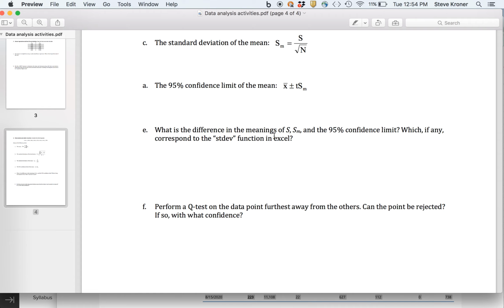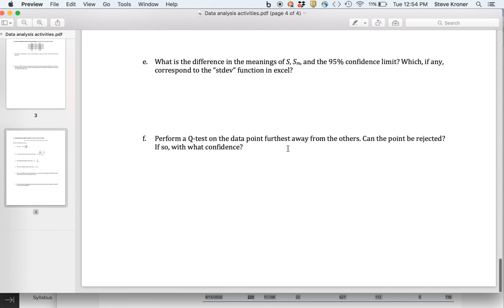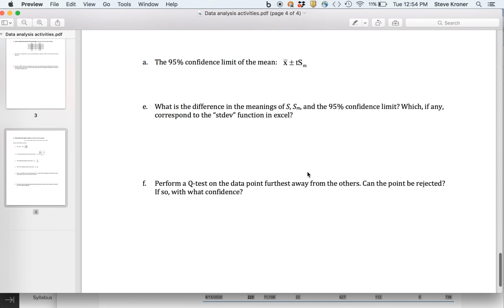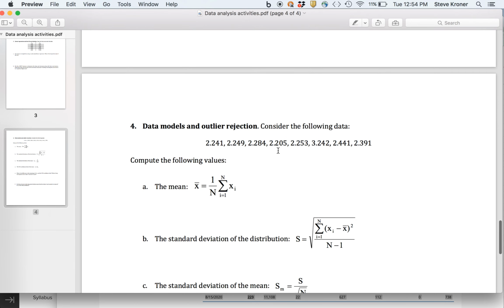I essentially just answered what part E is, but part E is just going through what all these different things mean. And then finally, a Q test is a test that you can use to see if you can reject a data point. What you'd want to do is try to find the data point that's the furthest away from the other values.